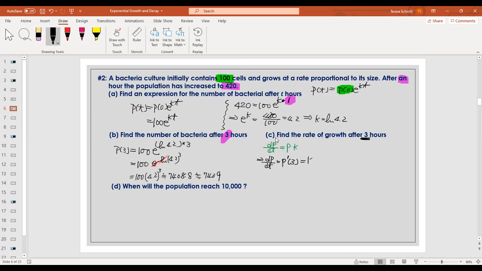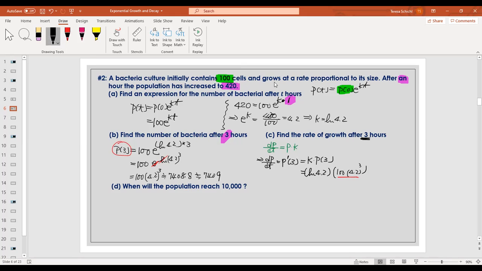P prime of 3 is equal to P times K, so it's P(3) times K. We already figured out K is the natural log of 4.2, and P(3) we found in part B: it's 100 times 4.2 to the 3rd power.